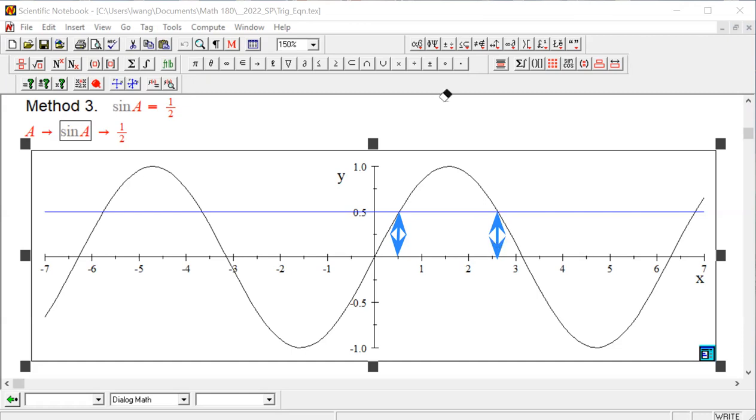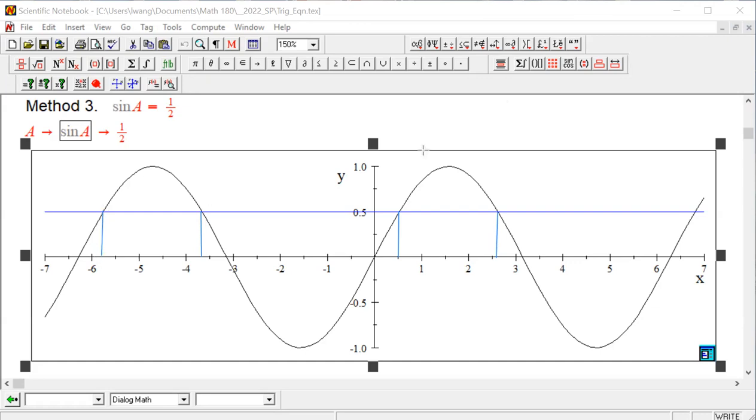Actually, I don't like these, this is just too thick. Let me make it thinner. The bar: this is 1, this is half, and that's half. We don't have anything underneath because that would be negative. We have positive half, so this will be a solution.